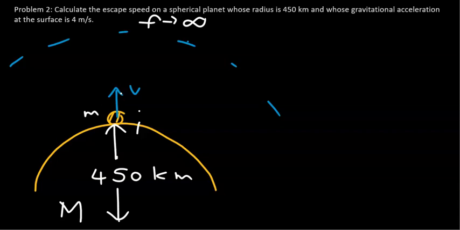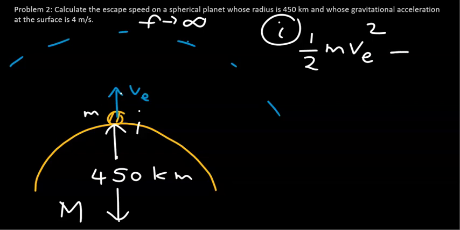So let's apply the conservation of energy to this problem. At the initial point, the kinetic energy is half times the mass times the escape velocity squared, which is what we are interested in calculating. The gravitational potential energy is, as before, minus gravitational constant, the product of the masses, over the radius of the planet.